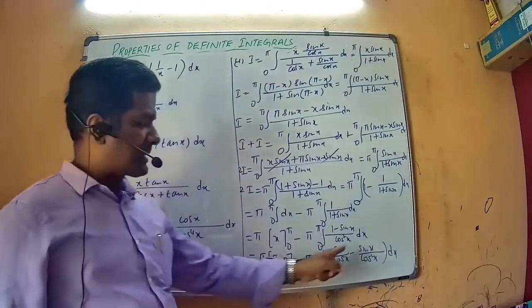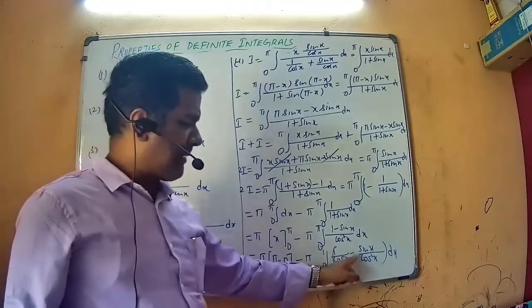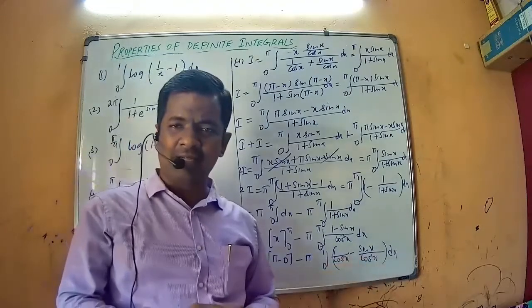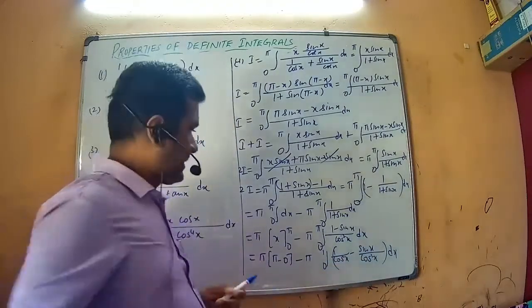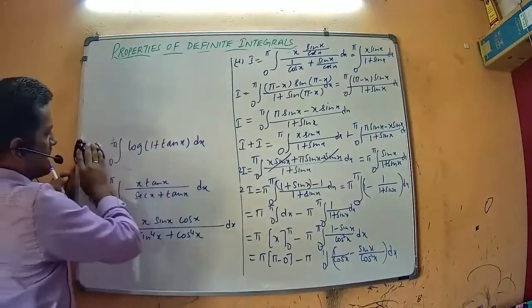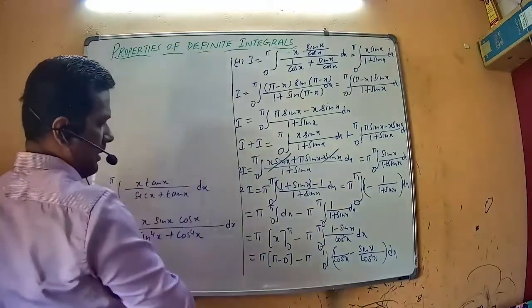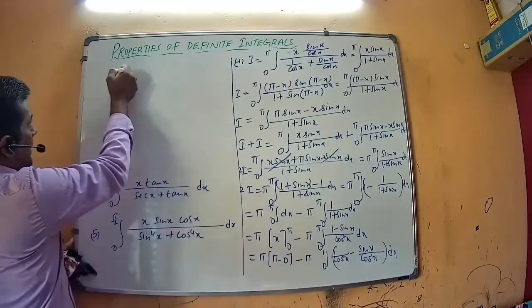So 1 by cos square x is secant square x, and sine x by cos square x is nothing but secant x into tan x. Let us do this. The remaining part here is nothing but pi into pi, pi square.